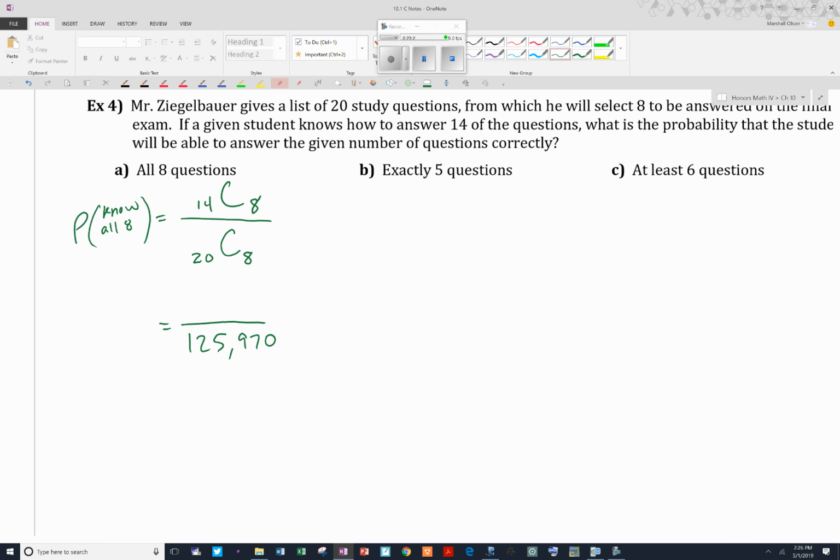And it doesn't matter what order it is. Choosing 8 out of the 14 you know covers all of them, no matter how you order them. I think that is around 3,000. 3,003. So, anybody calculate that yet? You have less than a 3% chance of getting all 8 right, which is pretty small when you think about it. Like when he says, out of these 20, I'm putting 8, and you're like, okay, I know 14, let's do this. There's less than a 3% chance you are getting 100% on that. All right, we okay at that one?